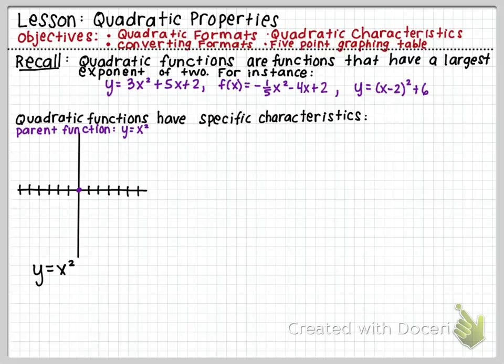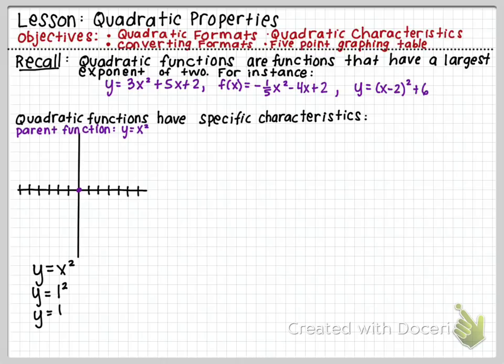If I want to plug in 0 for x, what do I get for y? Well, what's 0 squared? 0 squared is 0, right? So one of my points is 0, 0, and that's what's plotted right there. I'm just graphing the parent function. What if I wanted to plug in 1? 1 squared is 1.